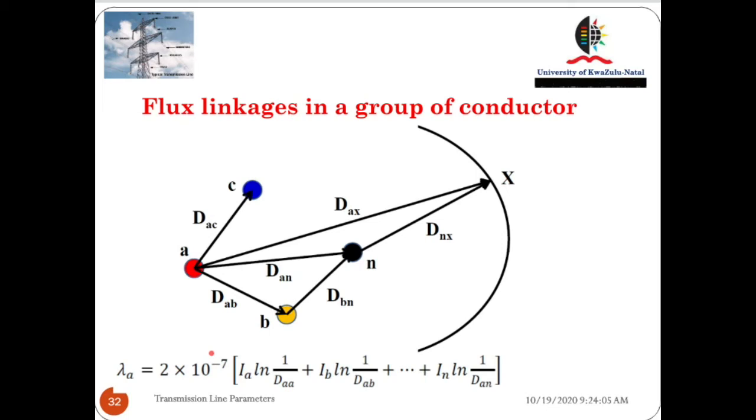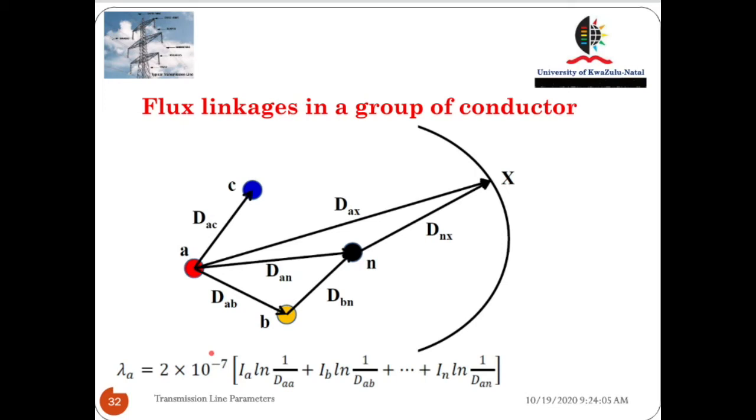Once we have that, we can find the average of the flux linkage, and that average flux linkage will give us the inductance of the conductor in a group. Now, the reason we use the concept of a number of conductors in a group is that in a three-phase system we have a number of conductors in a group, at least one conductor for each phase, so we have 3 conductors.